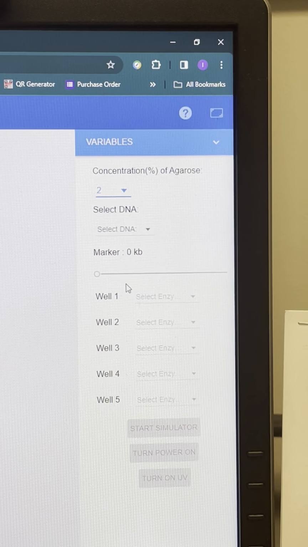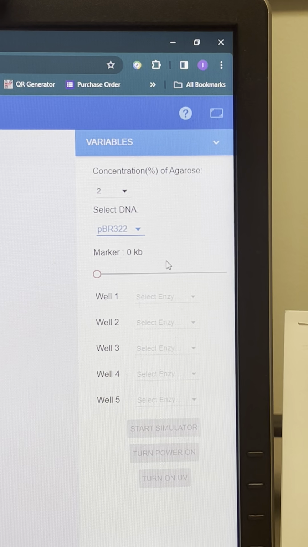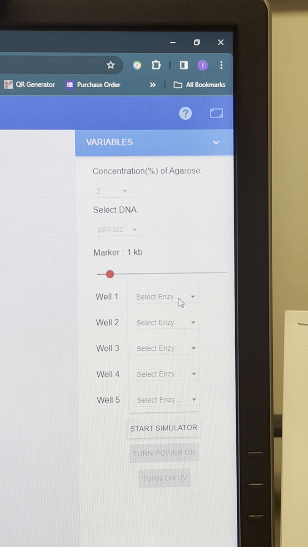Then number 3 says select DNA sample PBR322. So I'm going to select that one. Number 4, select 1 kilobyte marker. So this means 1,000 base pairs. Then number 5, fill each well with a unique DNA sample.